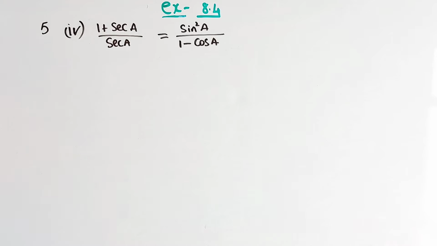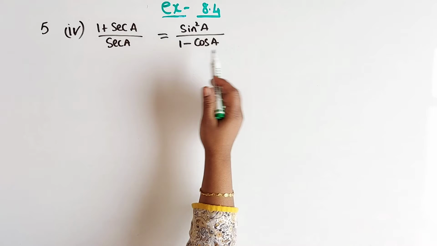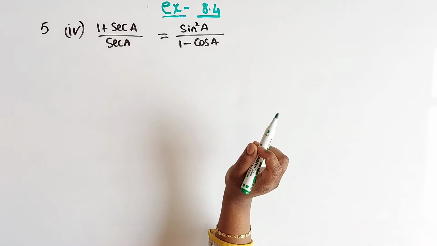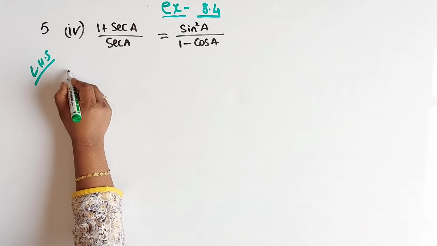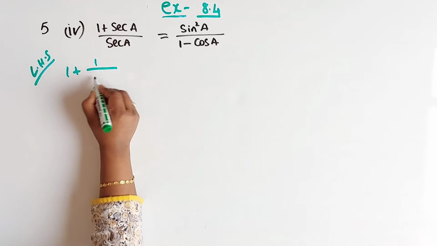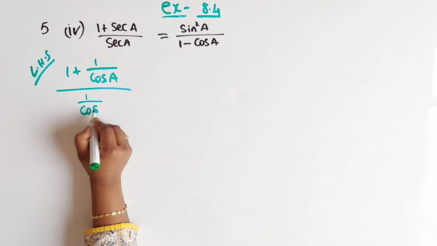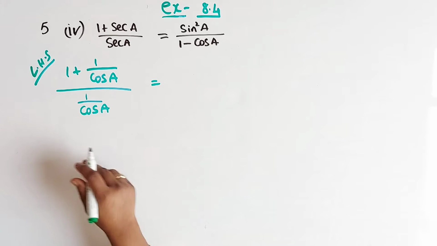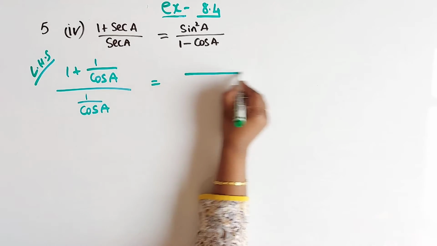Now fourth question, children. 1 plus secant A by secant A equal to sin square A by 1 minus cos A. Let's start the solution. 1 plus secant A, that is 1 plus 1 by cos A, divided by 1 by cos A. You know secant A is reciprocal of cos A, correct? Here first solve the numerator part.